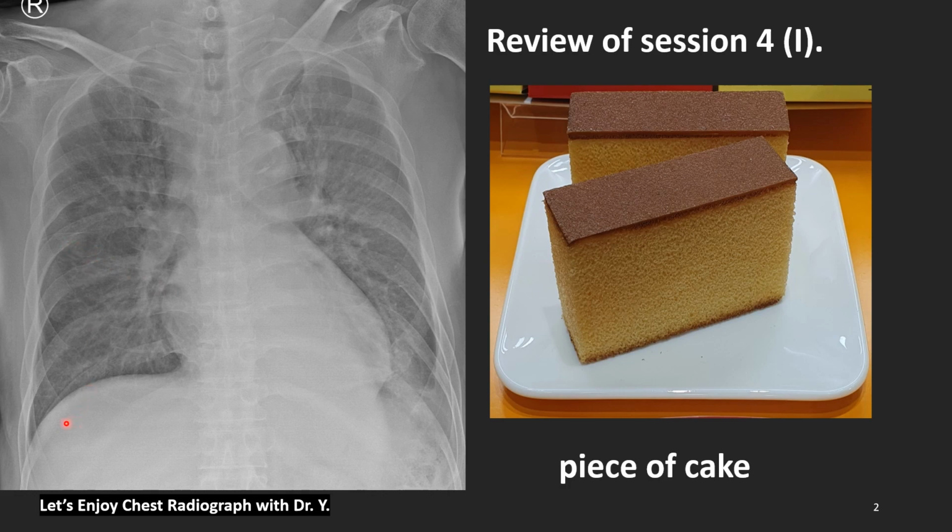And we cannot identify the lower pulmonary vessels under the diaphragm line. This is an AP supine film with bilateral pleural effusion.